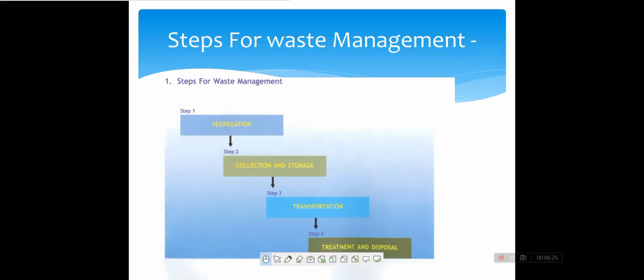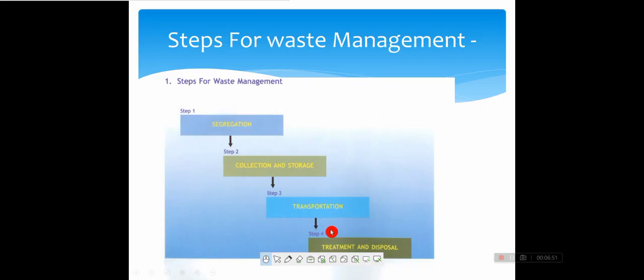We segregate the waste into different color coded bags at the point of generation, and in the second step, we collect and store the waste in a central storage area in the hospital. After that, we have the third step, which is transportation. In this step, we transport the waste to authorized facilities.